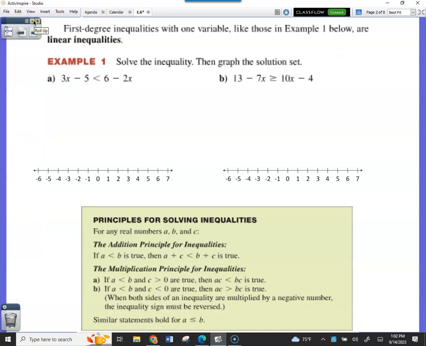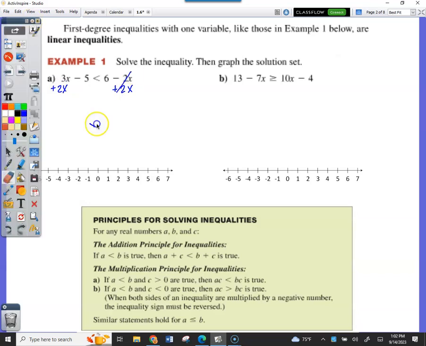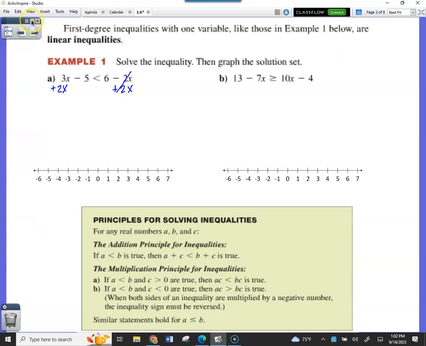We've got 3x minus 5 is less than 6 minus 2x. I'm going to bring the x's over. And I get 5x minus 5 is less than 6. I'm going to add the 5 to the right.